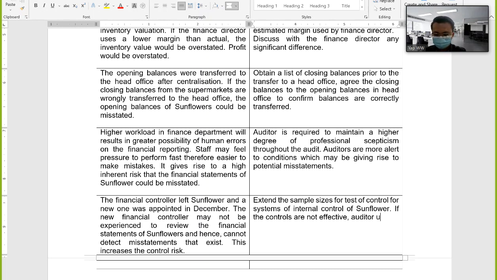The auditor uses a substantive approach. That means increase the substantive testing. Yeah, because the overall concept is when your control is reliable, then you rely on that control and reduce substantive testing. Now that control cannot be relied on, you have to test more with substantive procedures.